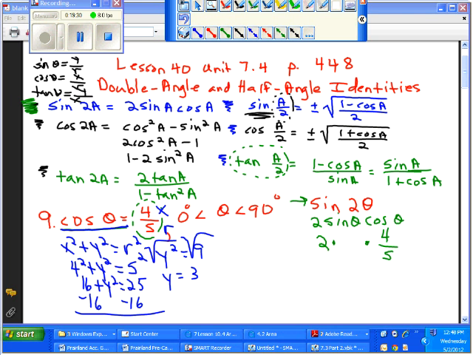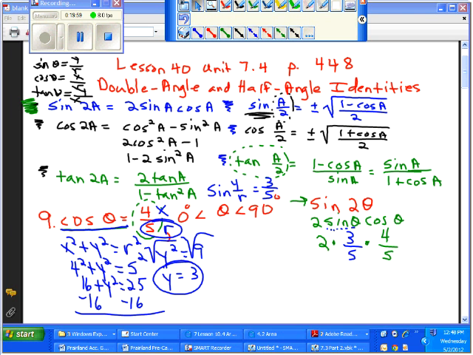Because we know that sine is Y over R, which means that sine would be my Y, which is 3, over my R, which is 5. So sine theta is 3 over 5, which I needed to put right here.